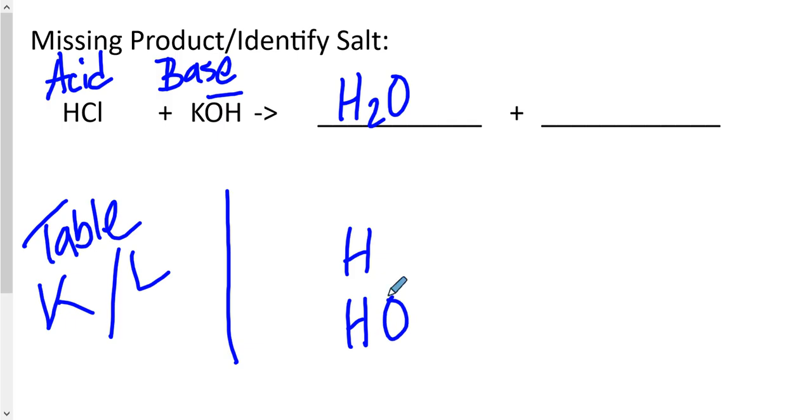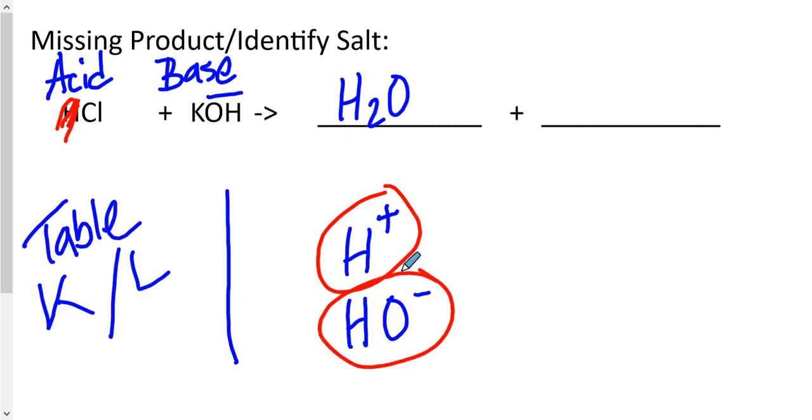So where am I getting those hydrogens and oxygens from? Actually, since you're not in fifth grade, you should know that here we have hydronium ion, H3O plus or just H plus, and here we have hydroxide ion. We're getting all of these hydronium ions from the acids, and we're getting all of these hydroxide ions from the bases.